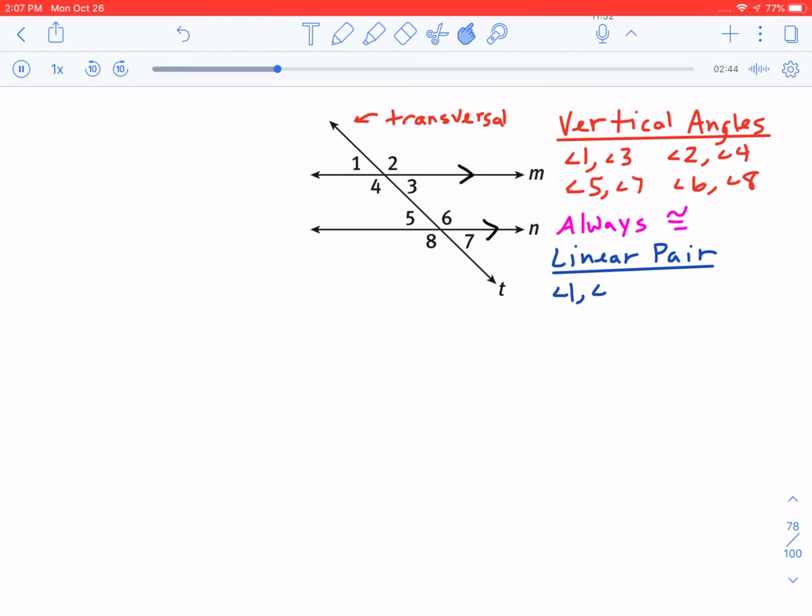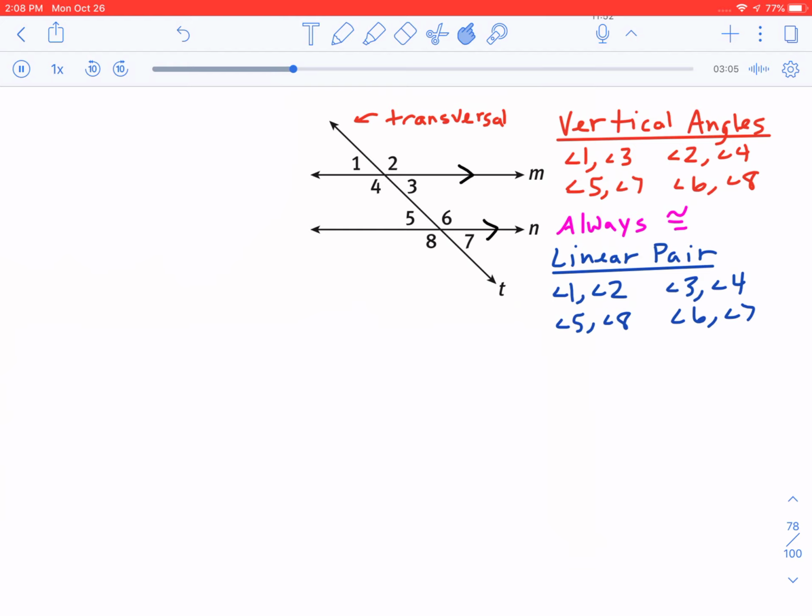Angle 1 and angle 2 are a linear pair. These are angles that are adjacent to each other. They're right next to each other. Angle 3 and 4 is a linear pair. But so is 2 and 3, so is 1 and 4, let's say 5 and 8, and 6 and 7. There are actually 4 more pairs.